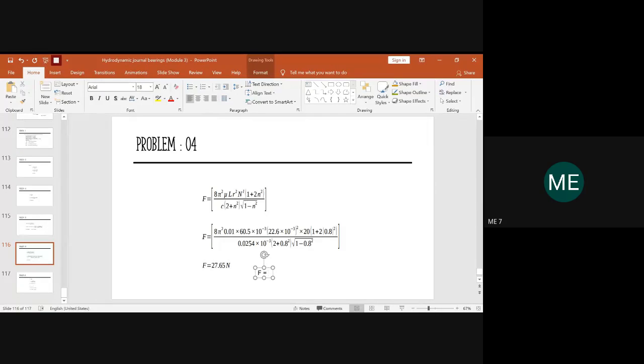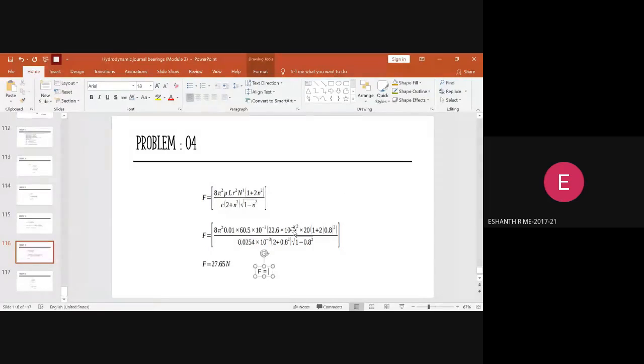Balaji is absent. Beldar Mohammed, yes, ma'am. Chaitanya, I think she is absent. Chetan Kumar, present, ma'am. Dheeraj, yes, ma'am. Ishant, present, ma'am.